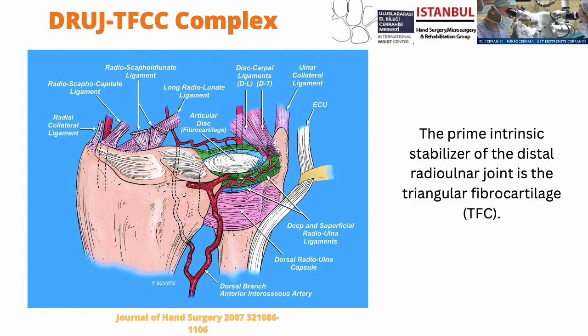Because of the inherently unstable joint, the bony components alone are not enough for its stability. It needs soft tissue components also for its stability. This picture shows a nice diagram of the DRUJ with its intrinsic and extrinsic stabilizers by Dr. Clement as part of the soft tissue component of the DRUJ.